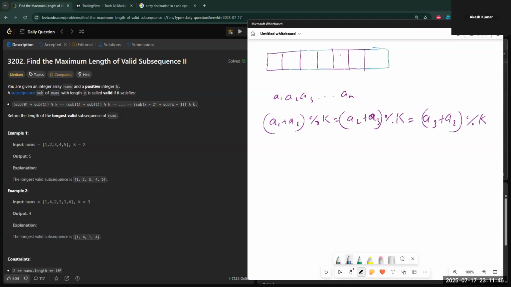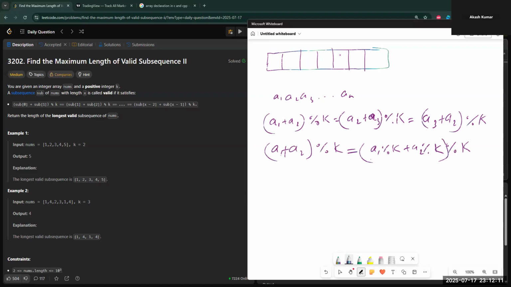One property we saw last day is that (A1 + A2) modulo K can be written as the modulus of the individual values added together, and then the whole modulus.